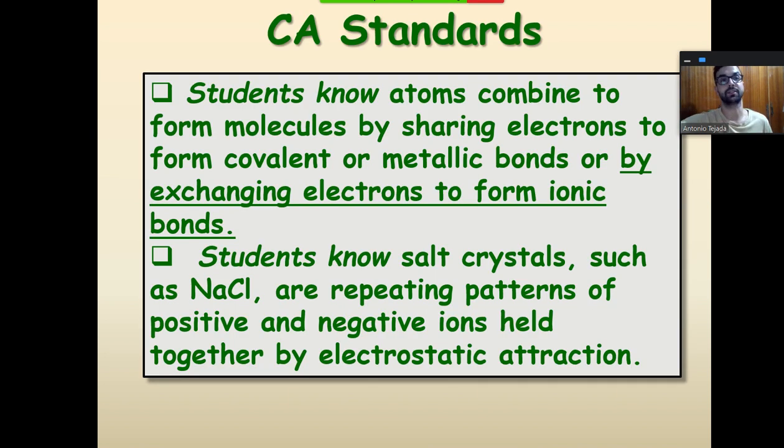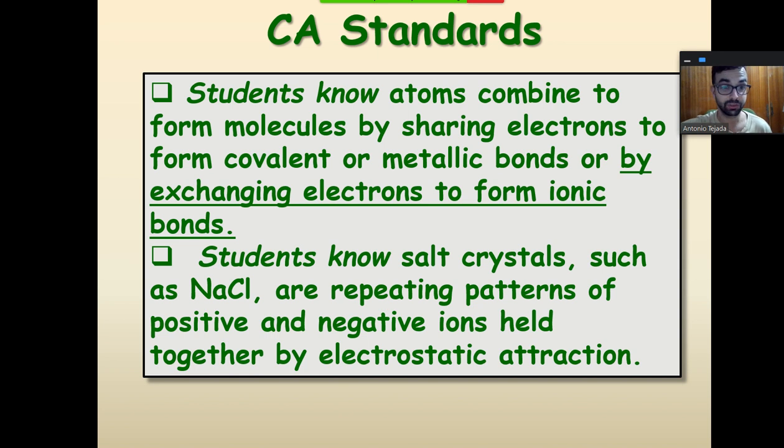So I have the standards here, which are the main objectives that I'm going to achieve with my lessons. Students need to know that atoms combine to form molecules by sharing electrons to form covalent or metallic bonds, or by exchanging electrons to form ionic bonds. This difference needs to be very clear to the students.